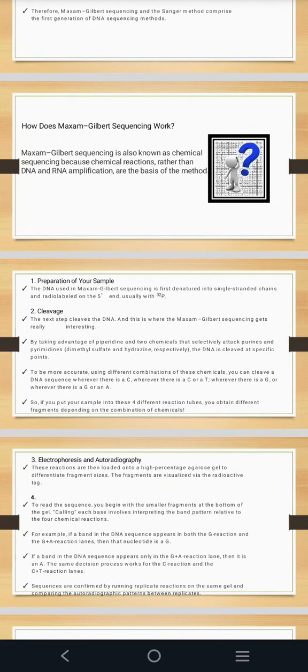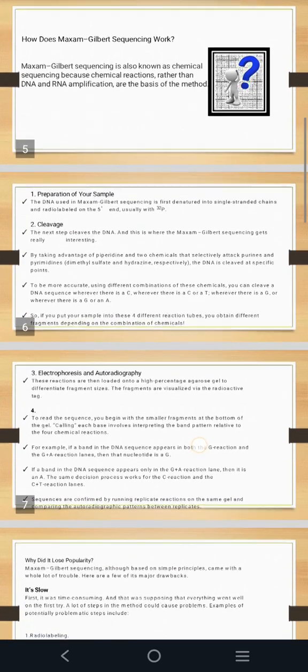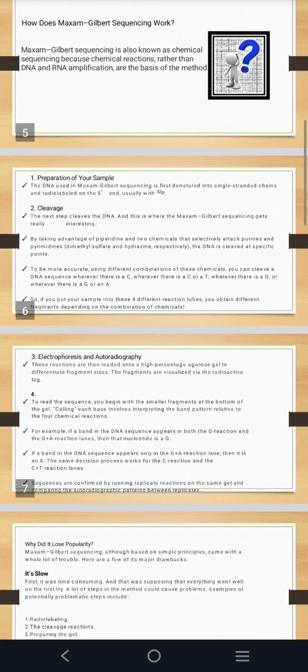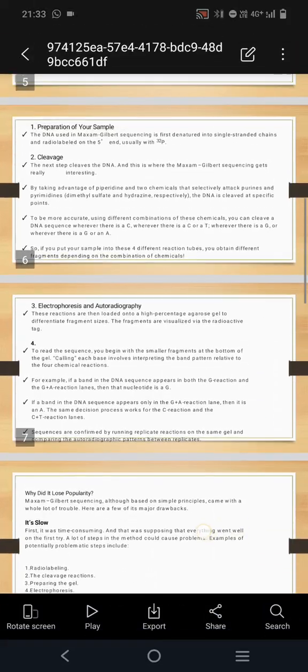Now, how does the Maxam-Gilbert sequencing method work? It is a chemical sequencing method, because chemical reactions rather than DNA or RNA amplification are the basis of this method. First, we prepare the sample, and next cleavage, then electrophoresis and autoradiography take place.